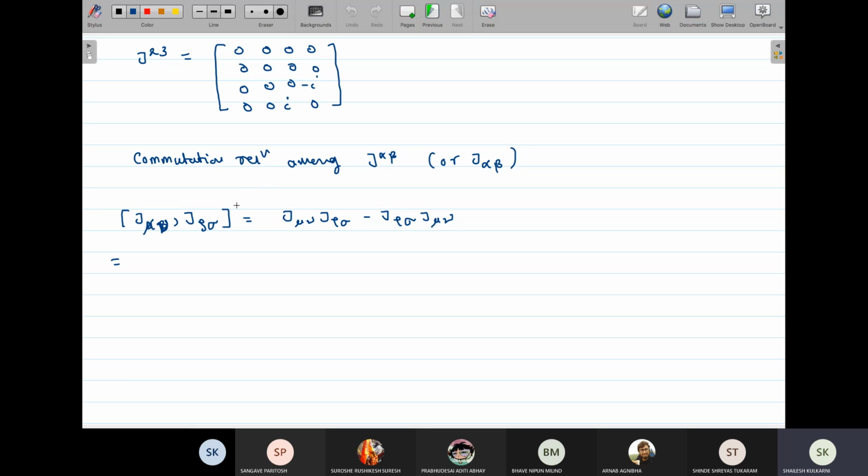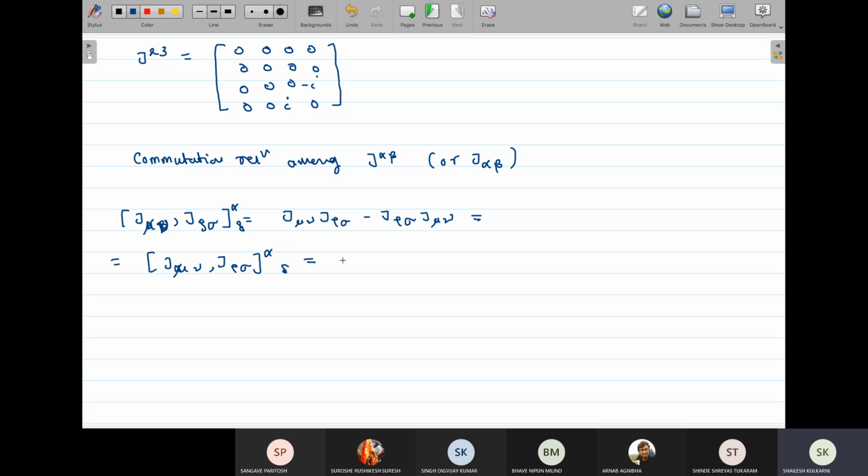Suppose you want to determine the alpha delta element of this. Then what will this be?